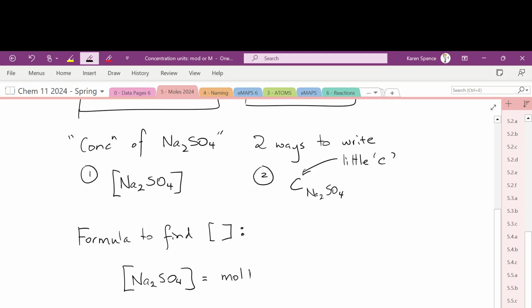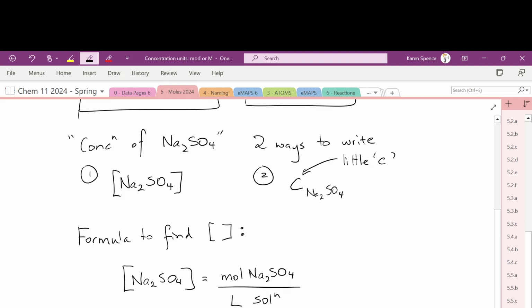So we have moles of Na2SO4 per liter. Now, is that liter of solvent or solution? It is liters of solution. You don't have to write all of that in there if you're actually writing the formula, but there you go.